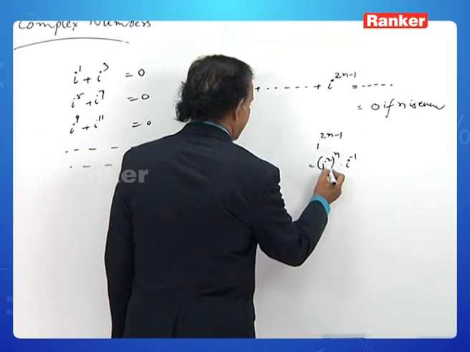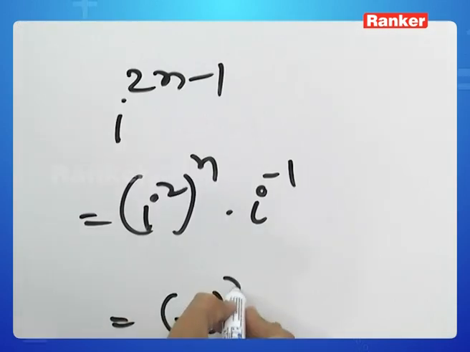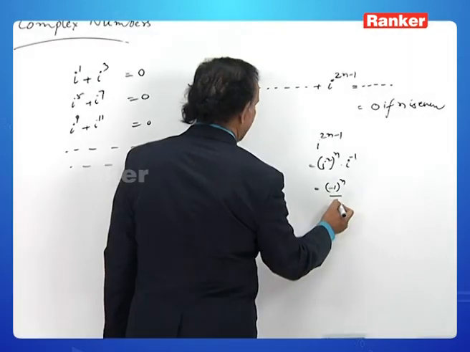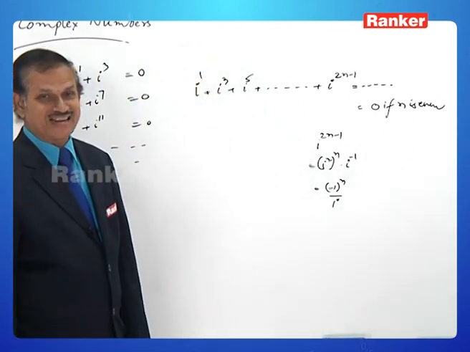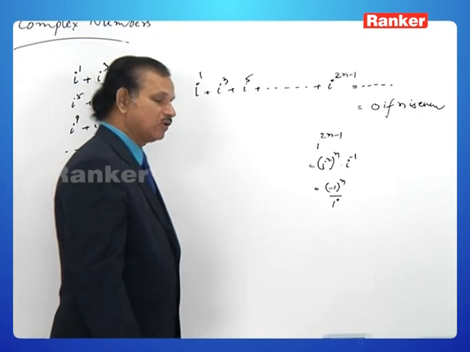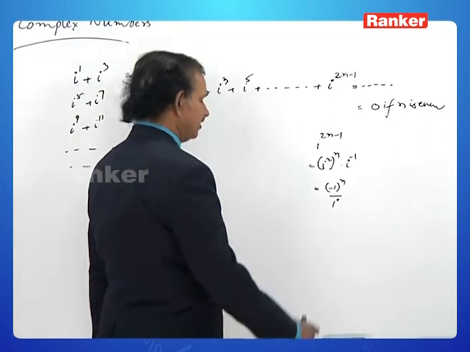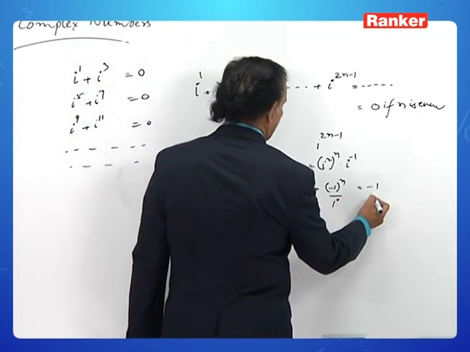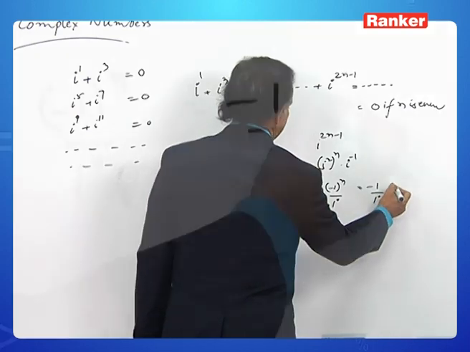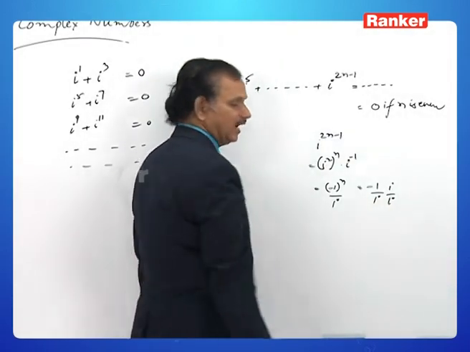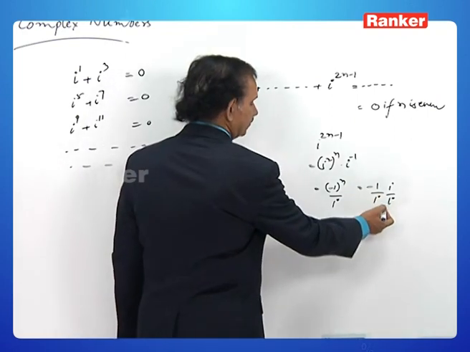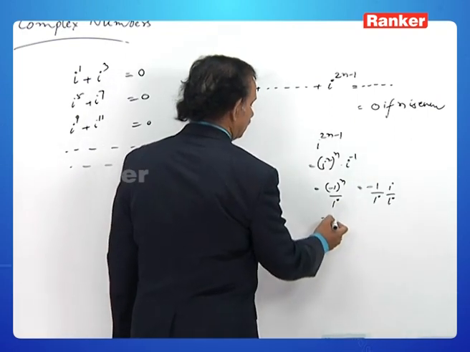What is i square? Minus 1 whole power n by i. What is n? We are discussing with n as an odd number. Minus 1 whole power an odd number is again minus 1, by i. Multiply with i and i: i into i square is minus 1, so the minus 1s cancel, leaving you i.